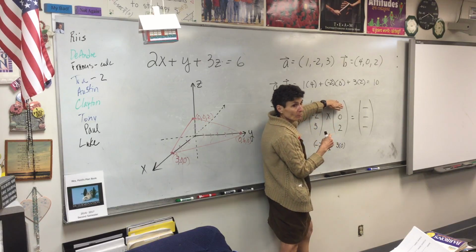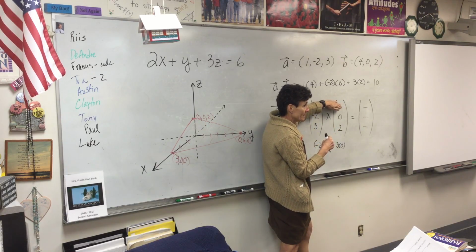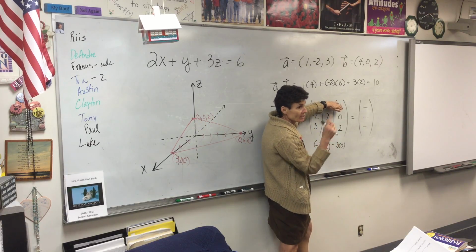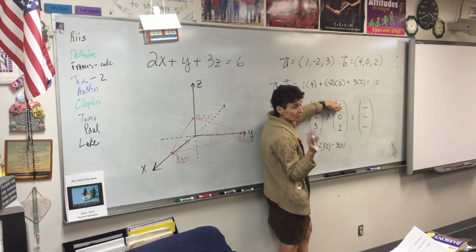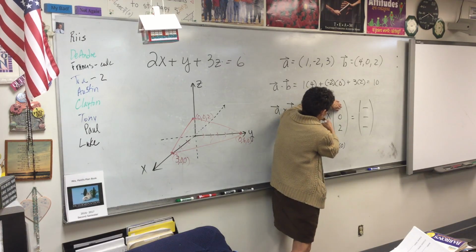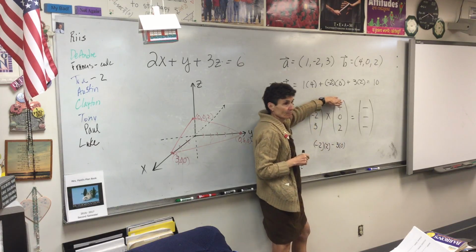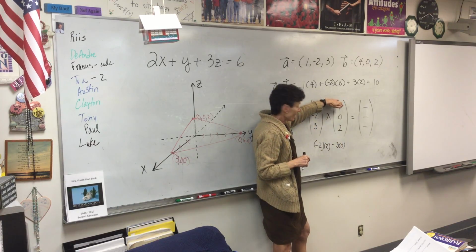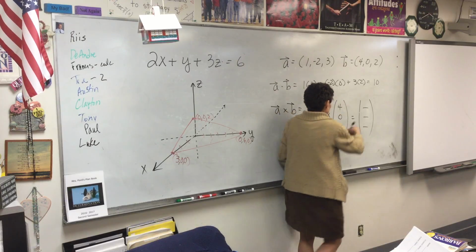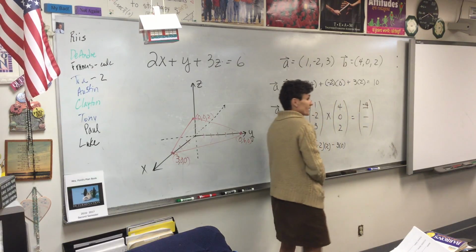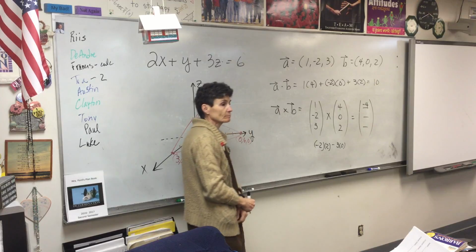If you remember from last year doing determinants, that's what you're doing. You did this last year. You may have forgotten it. It's this times this minus this times this. Okay, so that is what? -4. And that's the number that goes right there on the top.